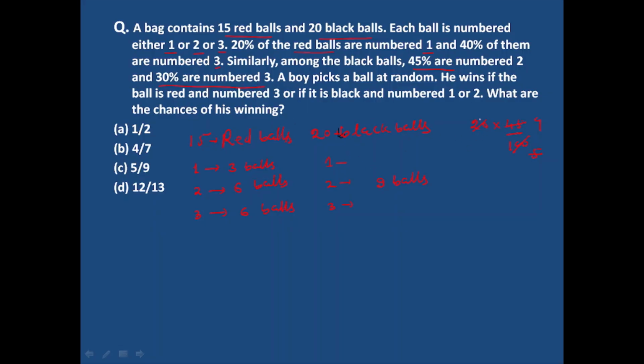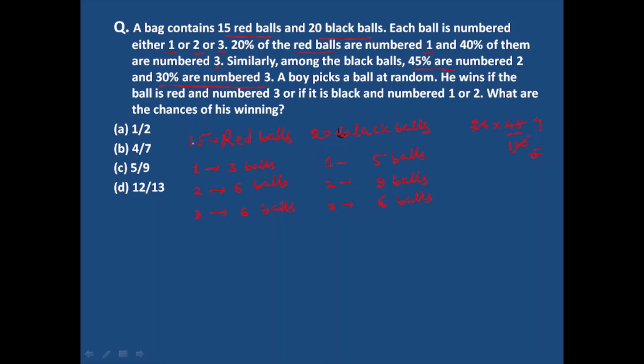So 30% of 20 will be 6. 6 balls are number 3. So 9 plus 6 is 15, and there are 5 balls numbered 1.